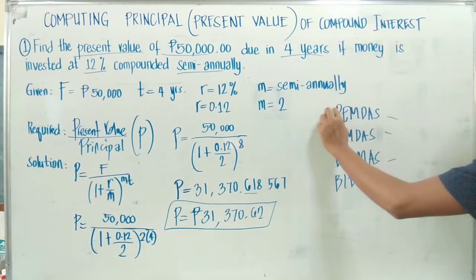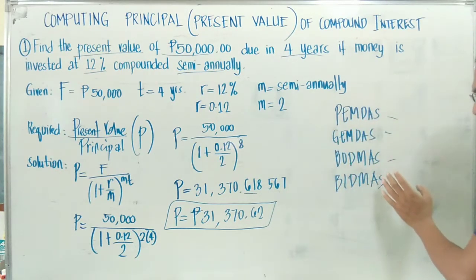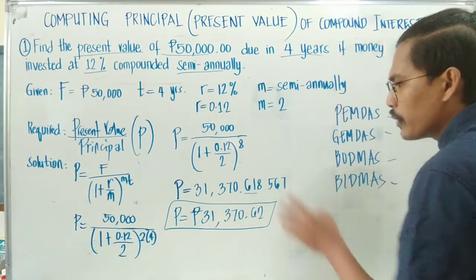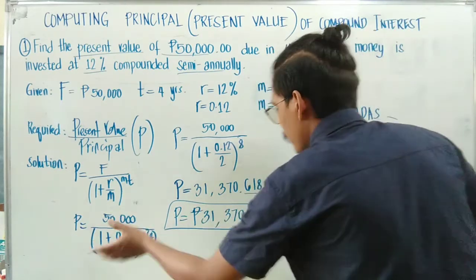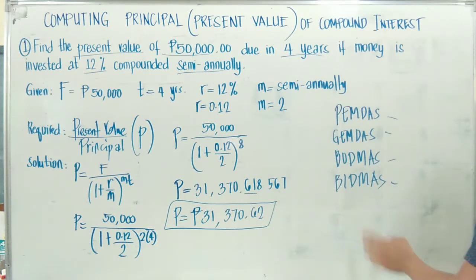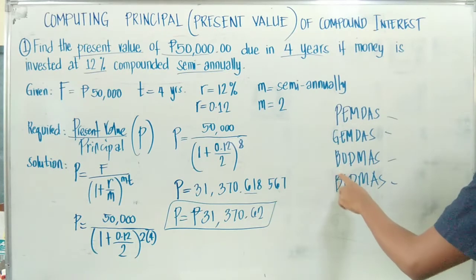All of them are acronyms for how we arrange or follow the order of operations for our equations. The first letters are all about grouping symbols: parentheses, grouping symbols, brackets.